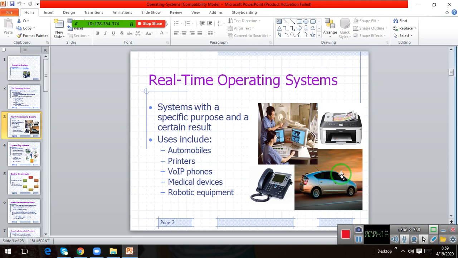A lot of cars you can handle by computer. In the same way, the online or network telephone which we use, these are known as real-time operating systems. It is used in automobiles, printers, VoIP, voice over internet protocol phones, which is online phone conversation, right? And medical devices, and then robotic equipment. In these areas we use the real-time operating system.